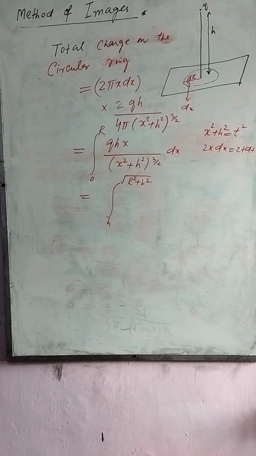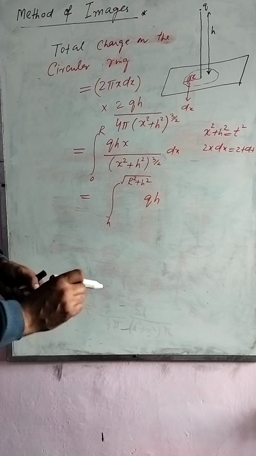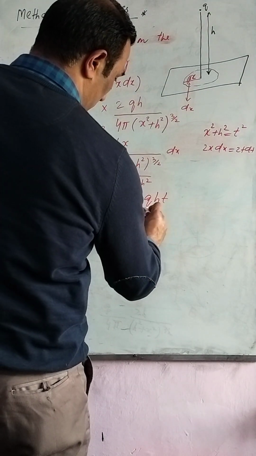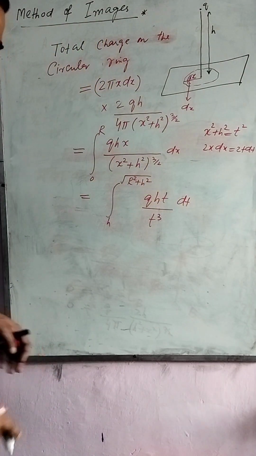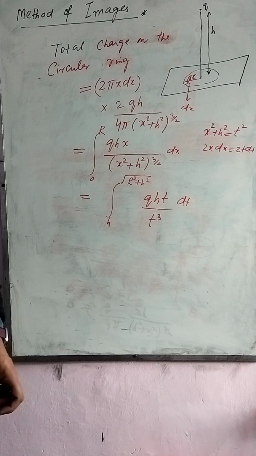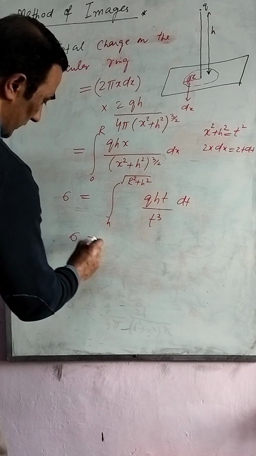Right. And inside will be QH into t by t cube dt. Now if you integrate this, you can write what our total surface charge density will be.